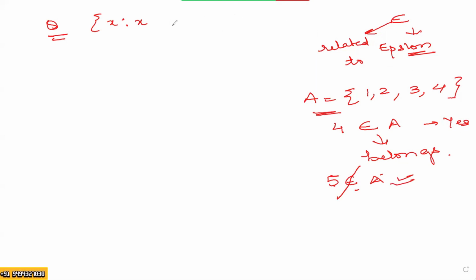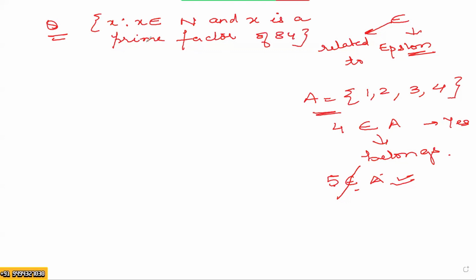Sometimes you will see the set: x such that x belongs to natural numbers and x is a prime factor of 84. So children, how will you write this set in roster form?